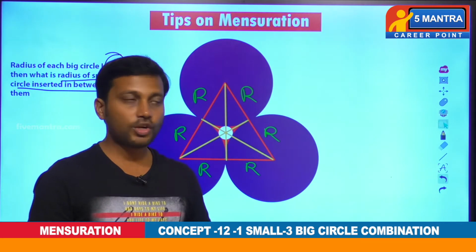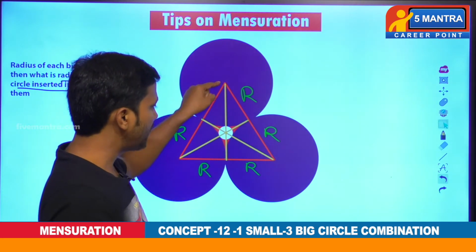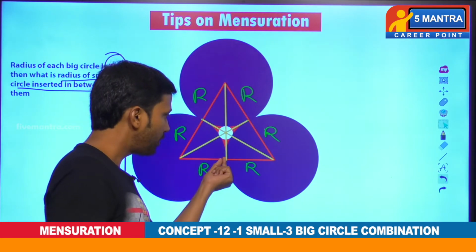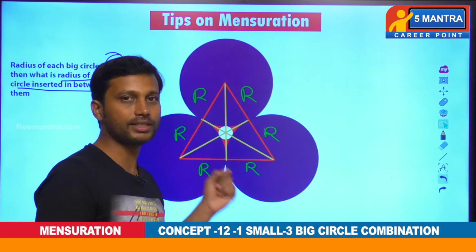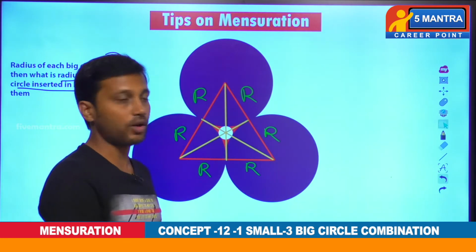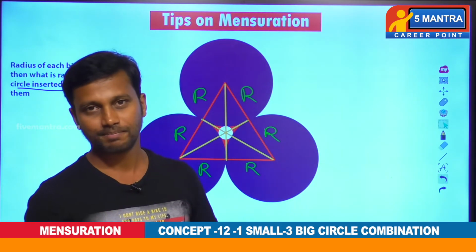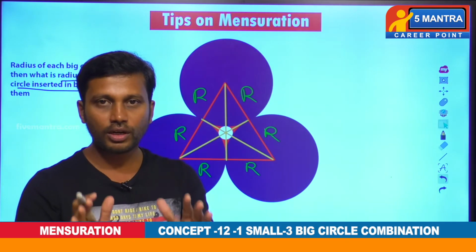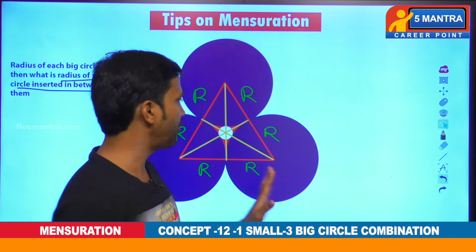Now we have joined these vertices with these points of contact of the circles, meaning the touching points of the circles on the sides of the triangle. Got it? This part we have drawn now for our requirement.